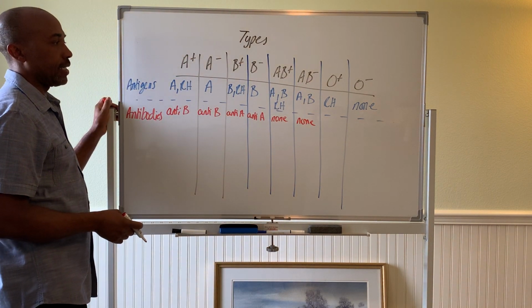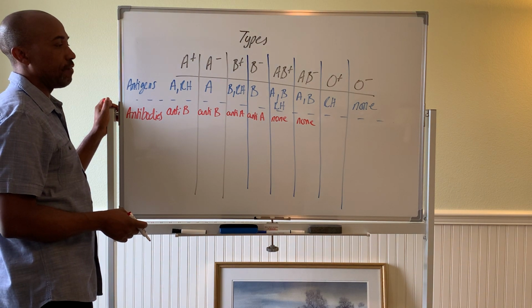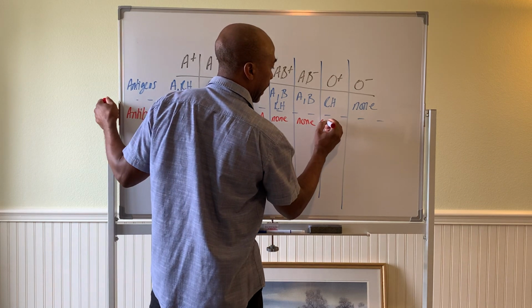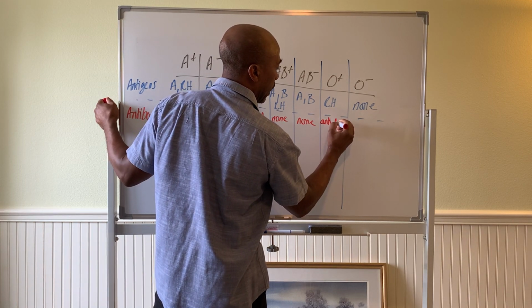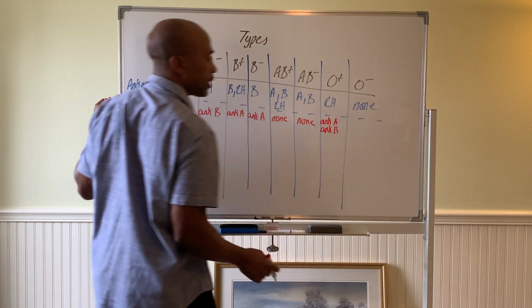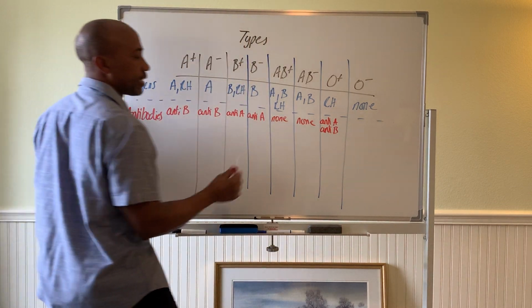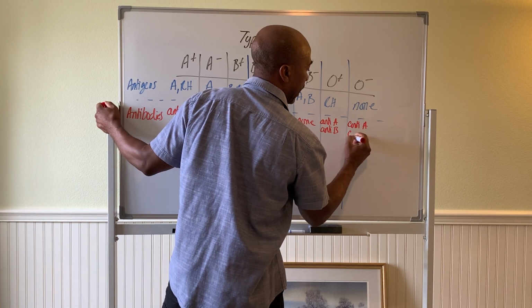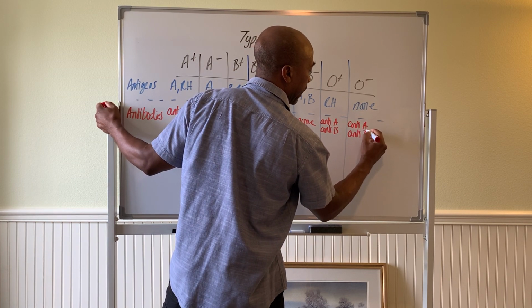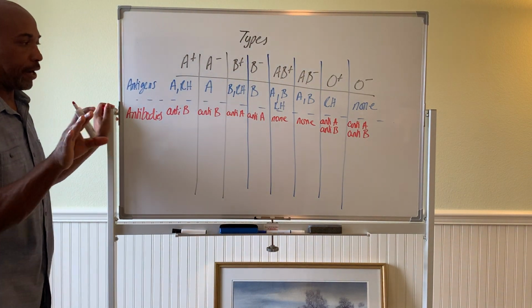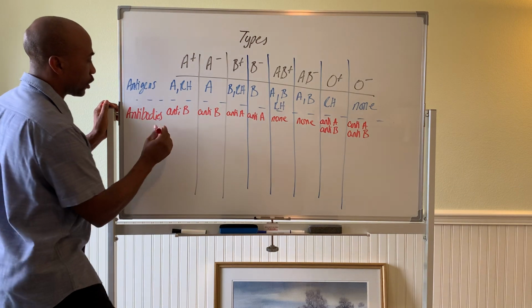For the O positive, since you have an RH antigen only, here you can have anti-A and anti-B antibodies. And for O negative, same thing. You have anti-A and anti-B. You're probably wondering what about the anti-RH? That's what we're going to do a part later, okay? But it's a good question to have there.